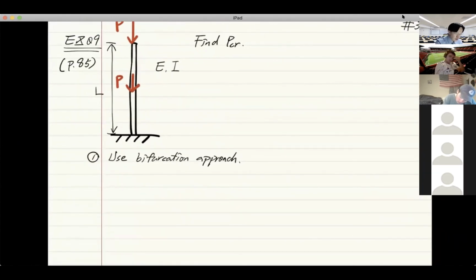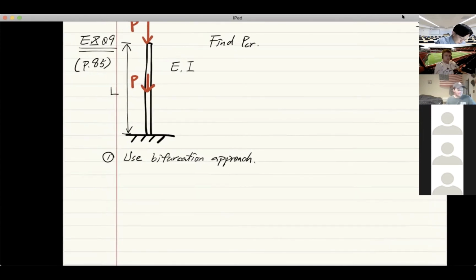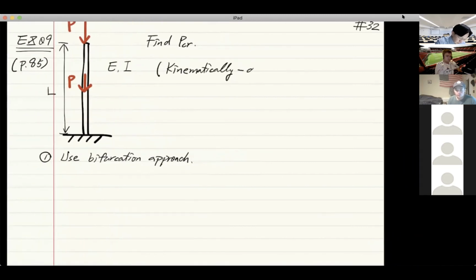You probably heard about this before, maybe from structural analysis or mechanics or strength of materials? Well, this is what we call kinematically admissible deformation.